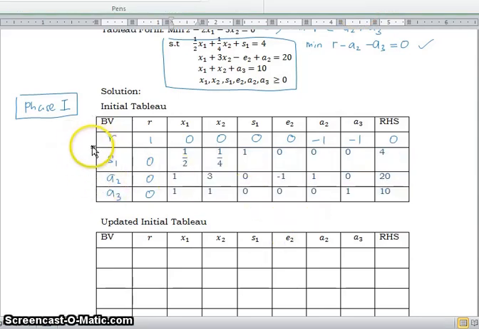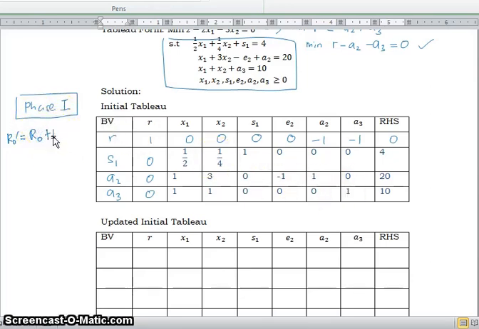The ERO for row 0 is: row 0 new is equal to row 0. Since we have A2 in row 2, we need to include row 2 in the ERO.